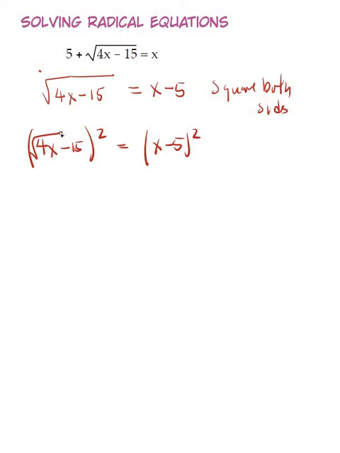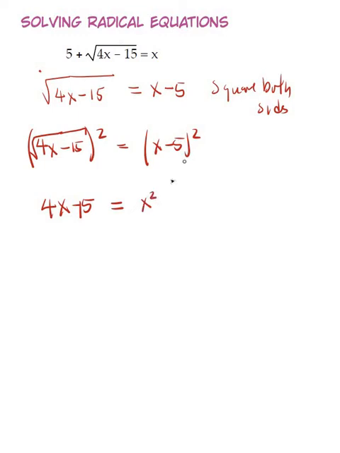Now, the square root of something squared happens to be the something. The something in this case is 4x minus 15. So the answer here is going to be 4x minus 15 is equal to x minus 5 squared.